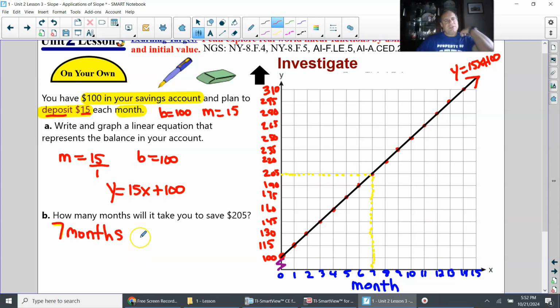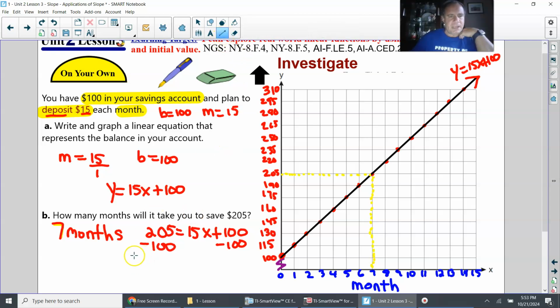If you wanted to use the equation, then how many months would it take you? You have to solve for x. So 205 is the y, because that's the money, equals 15x plus 100. Subtract 100 from each side, and you're solving for x.